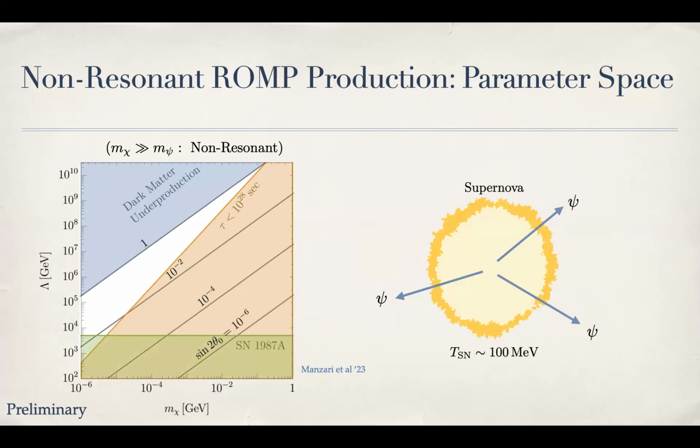And these temperatures can reach of order 100 MeV. For cutoff scales lambda less than about a few TeV, you can produce so much psi escaping that the supernova cools quicker than expected, and that is ruled out. Okay, but this is model dependent. I'm assuming here that the fermions F that psi scatters with are charged, say, under electromagnetism.